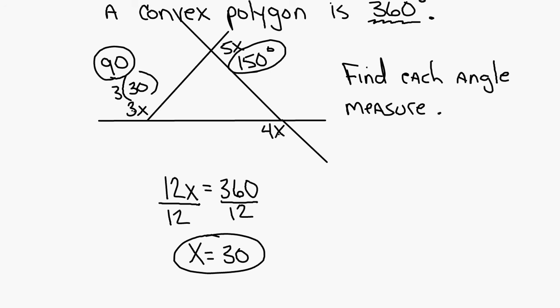And 4 times 30 is 120 degrees. So those would be your three angle measures, each of the three exterior angle measures for that polygon. Any questions?